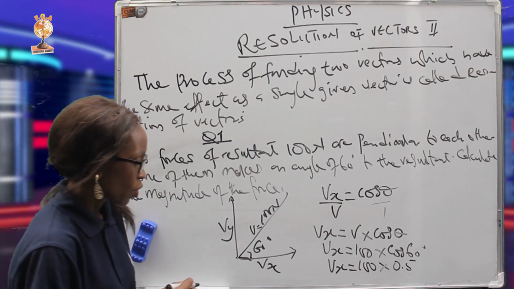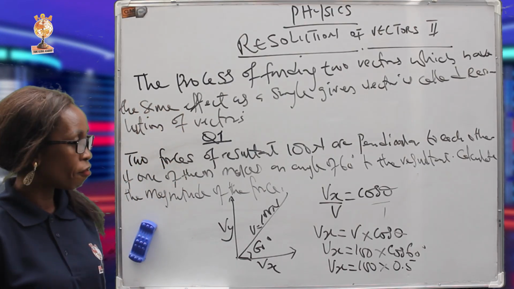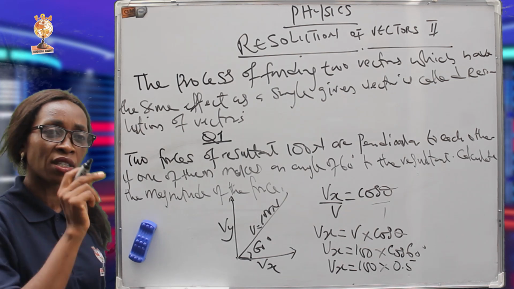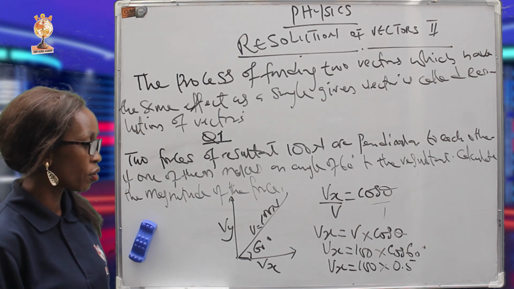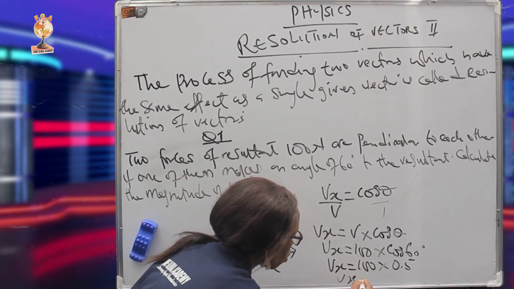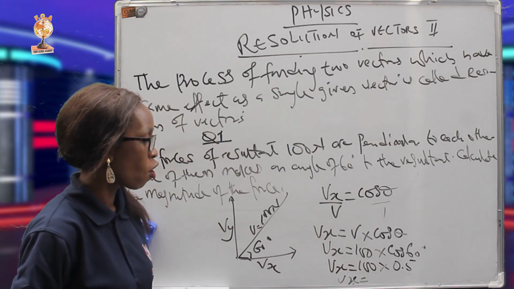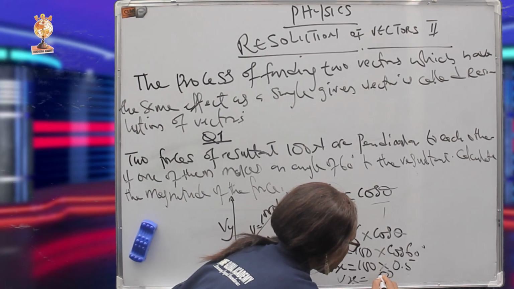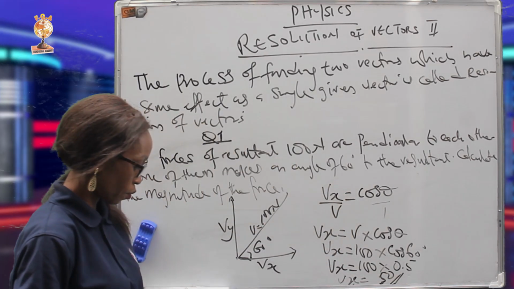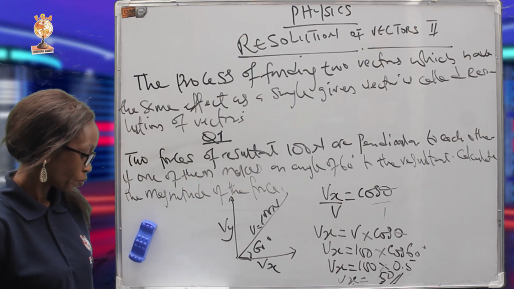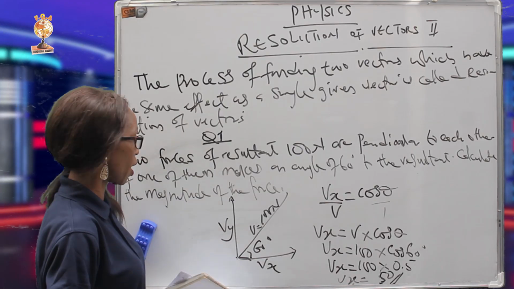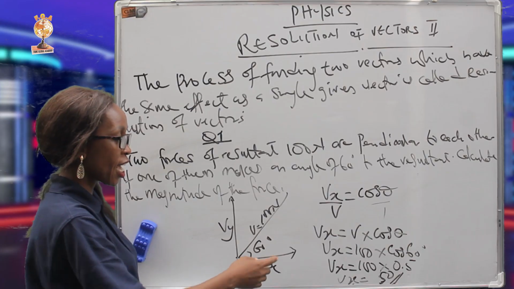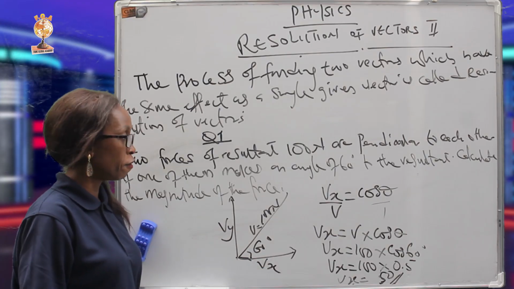Having known that cos 60 is 0.5, just press 60 cos and it gives you 0.5. So Vx is equal to 100 times 0.5, which becomes 50. So this is our magnitude. The magnitude of the x coordinate Vx is equal to 50.